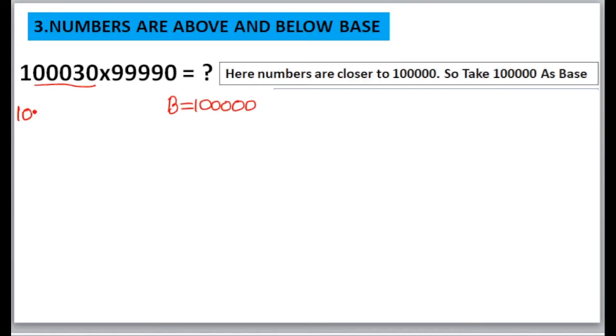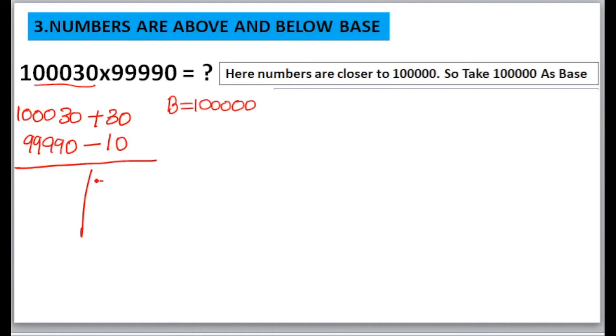And 1,30,000 is 30 greater than 1 lakh, and 99,990 is 10 less than 1 lakh. So in your answer, RHS will have -300. That is 30 into 10 is equal to 300, -300.